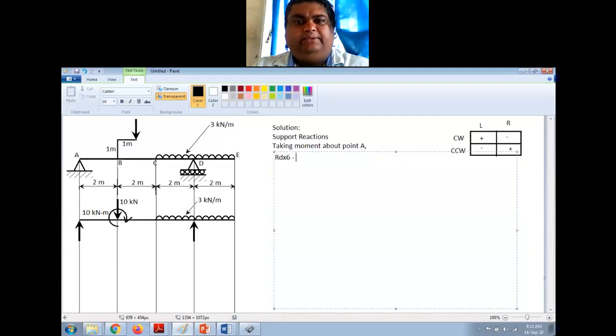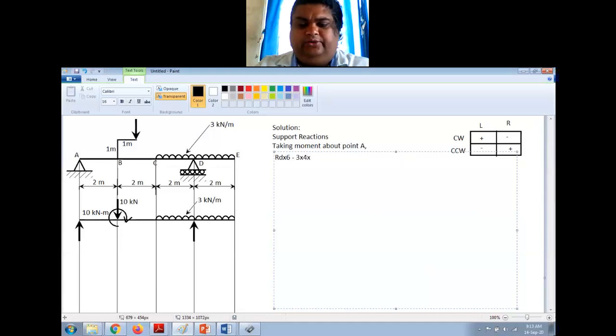So minus the intensity of the force, 3 kilonewton, into the length, which is 2 plus 2, 4 meter. Now I assume that for this 4 meter UDL, the center of gravity is at the midpoint. So the perpendicular distance will be 2 plus 2 plus 2, 6, into 6, right?